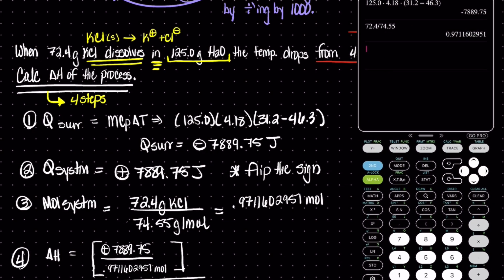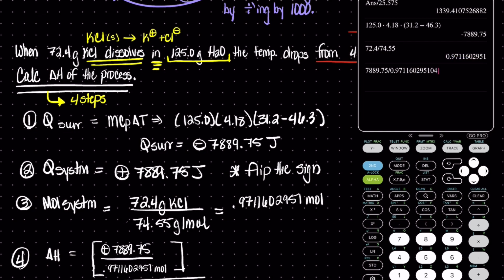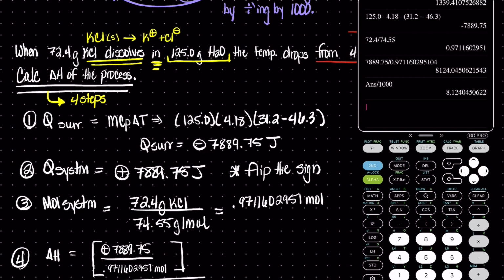So I'm gonna take 7,889.75 divided by, I'm just gonna drop that mole value down. I get that number, I keep that number, divided by 1,000 to get my proper units.